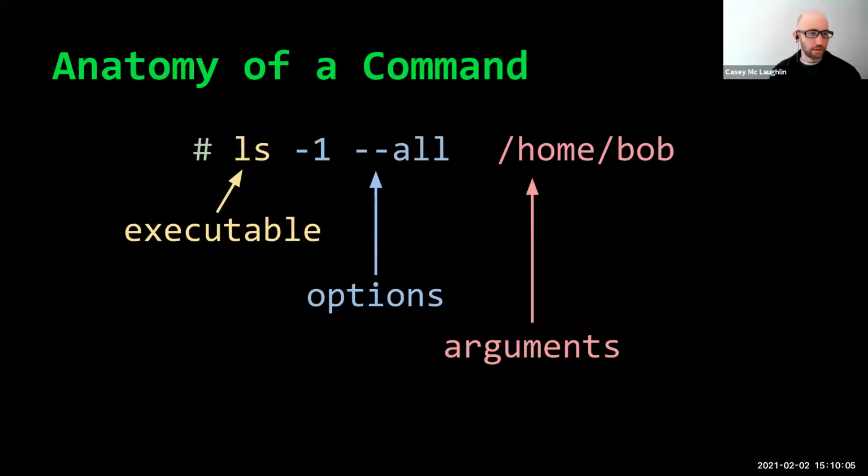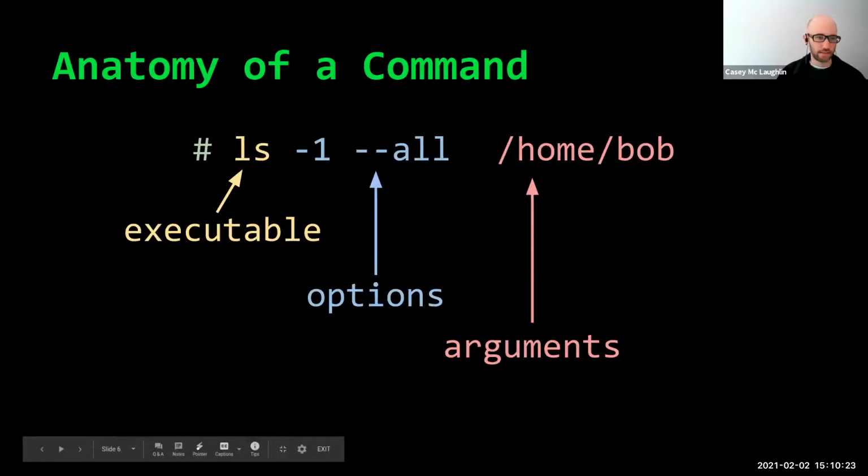Okay. There are a few terms and ideas you need to be familiar with in order to be really productive using the command line. Before we jump into using commands, let's take a look at how the command line statements are structured. In general, the pattern you'll see is executable, options, and arguments.